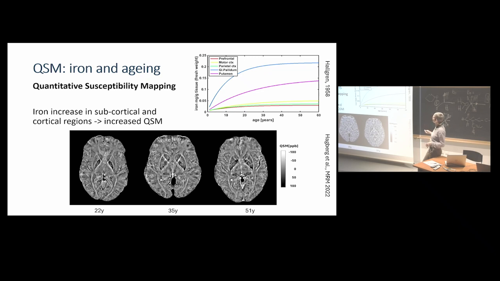It tends to plateau out, but it accumulates iron differently in different brain regions. And so if you measure a person, this is not the same person, but if you measure a person at different ages, you will see that in this case it gets darker and darker and darker, and that is because this local magnetic susceptibility increases and increases.